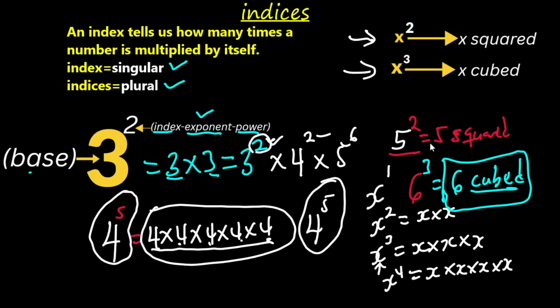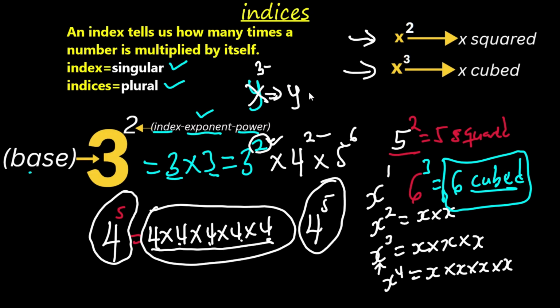So to simplify everything, an index or indices tells you how many times any number is being multiplied by itself. Let's say we have y, and y is raised to the power 3. The y over here is called the base, and the 3 is called the index, the exponent or the power. Either way we call it. So it simply means y is being multiplied by itself 3 times.